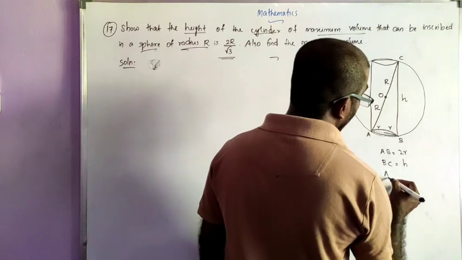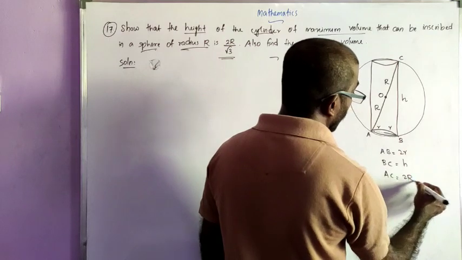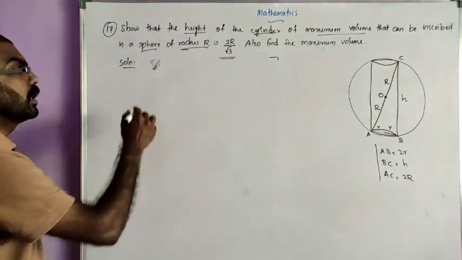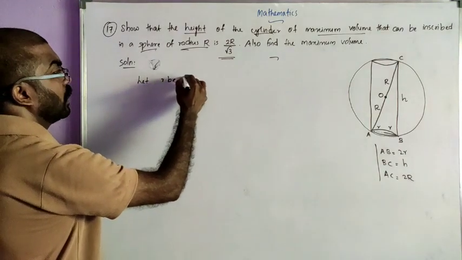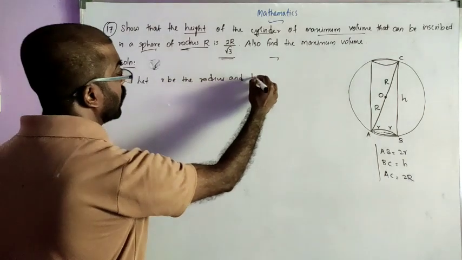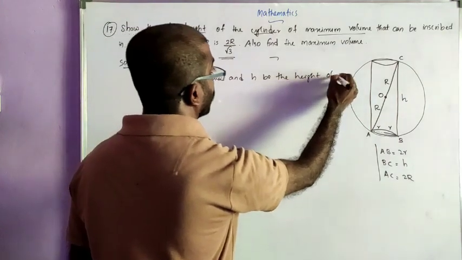And AC is the diameter of the sphere, 2 into capital R. So these are the dimensions. So first we can write, let r be the radius and h be the height of the cylinder.